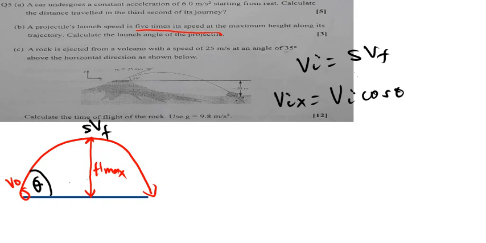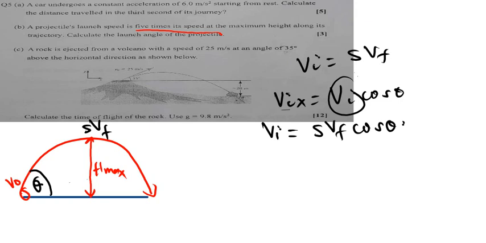Since these are the same, we can replace v initial with 5v final cos theta. The velocity is the same at this point.